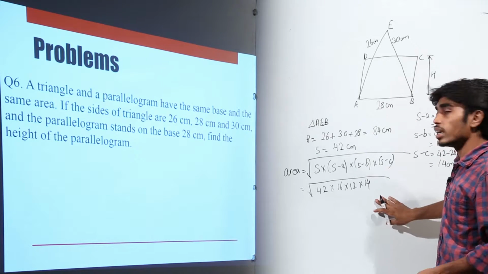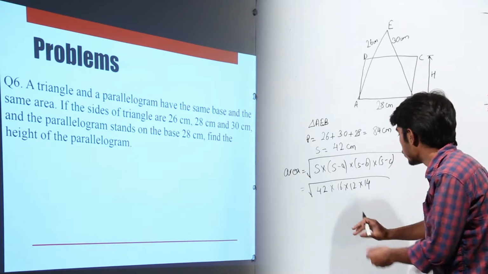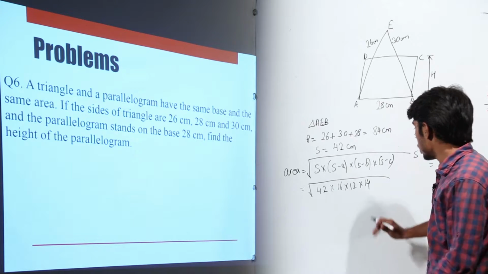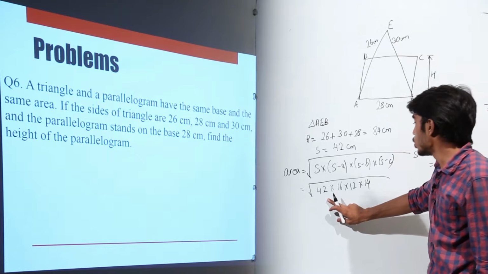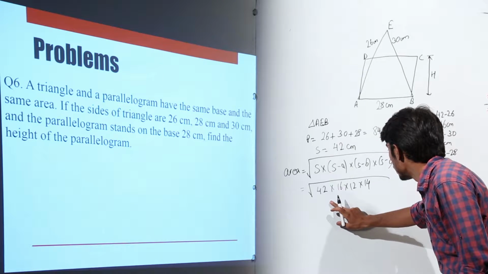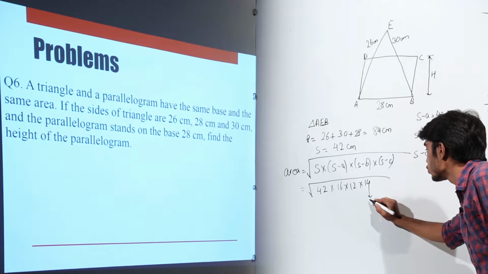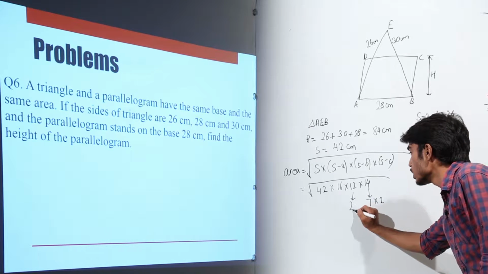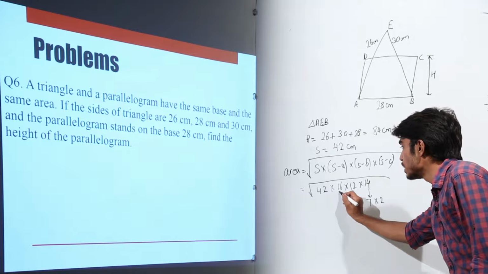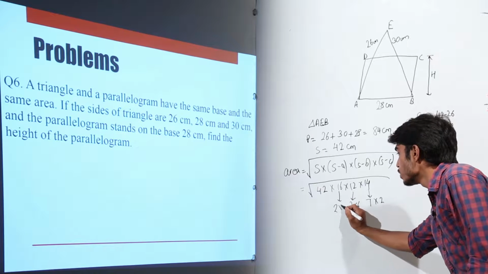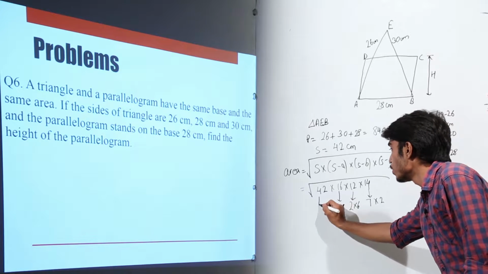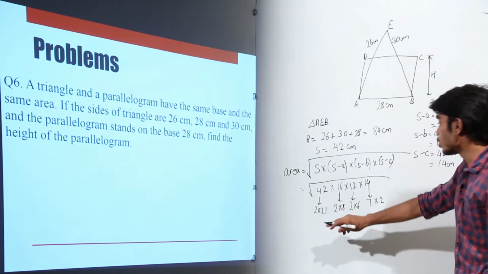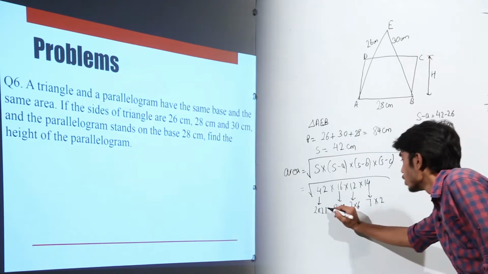Now to multiply this is a very difficult task, and as we have already studied, we'll employ another technique. We can write 14 as 7 into 2. We'll write 12 as 2 into 6. We'll write 16 as 2 into 8. And we'll write 42 as 2 into 21. So we got too many 2's in this.